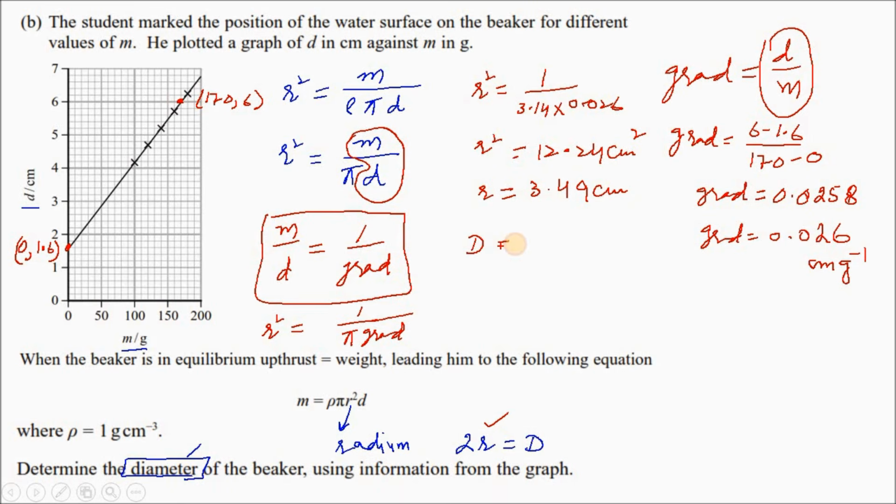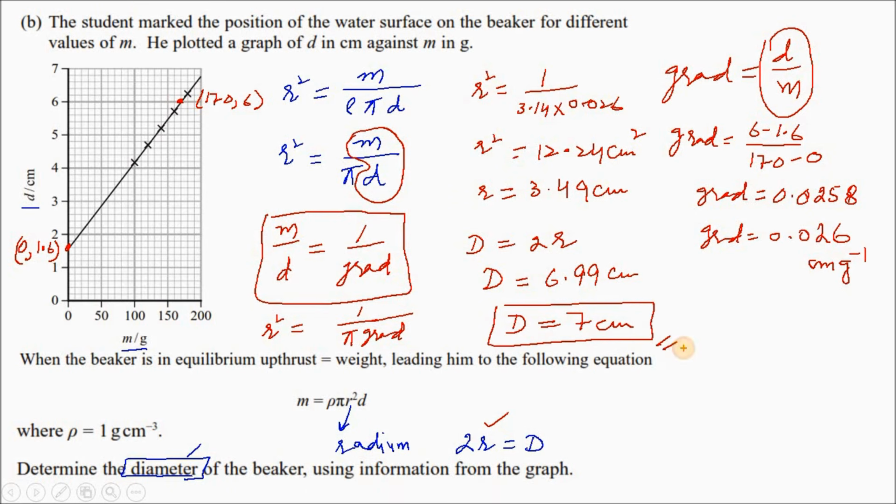Clearly the diameter is twice the radius, so the diameter is 6.99 centimeter. That is, d is 7 centimeter. This is the diameter of the cylinder. So I did this question in quite some detail. You can definitely skip a lot of steps once you understand.